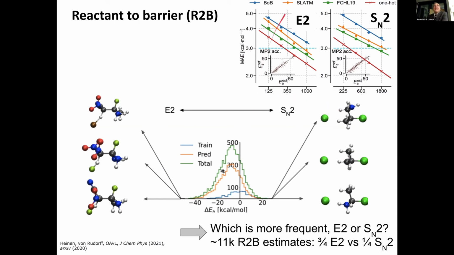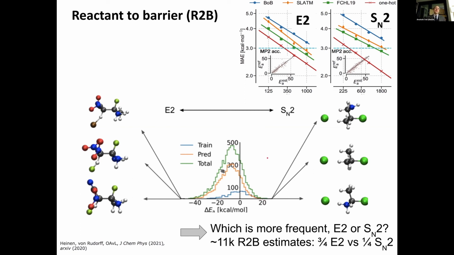Now, we can then use these machine learning models trained on less than 3,000 examples to predict all the remaining reactants which we tried to converge for the data set and which we did not succeed in. This is what you see here. We trained on the blue line, and we predicted the orange one; if you add everything up, you get the green distribution. On the x-axis is the difference in activation energy between E2 and SN2.